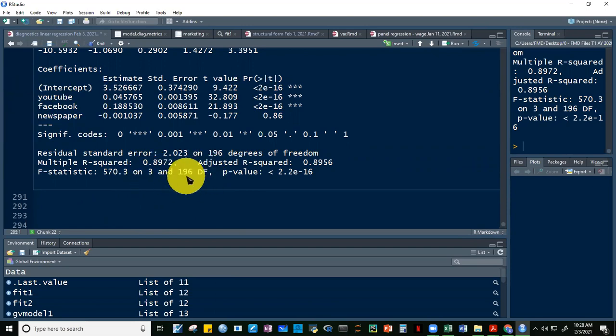Degree of freedom ng residuals natin, this is n minus k minus 1. N is 200 minus k 3 minus 1, so 196. P-value natin is practically 0. So we say that we reject the null hypothesis that beta null is equal to beta 1 is equal to beta 2 is equal to beta 3 is equal to 0.